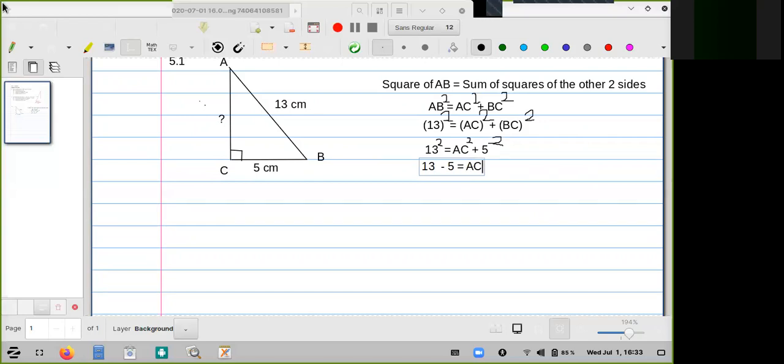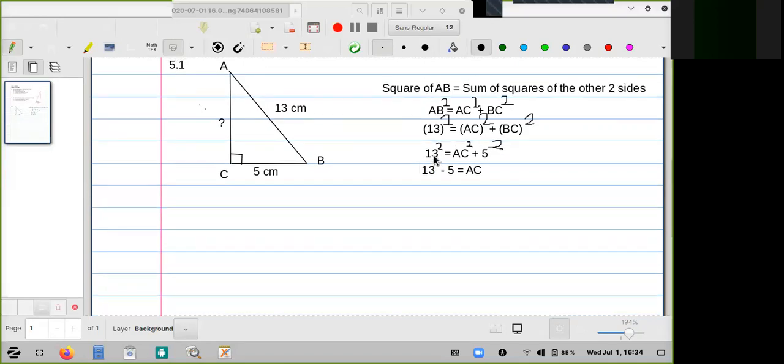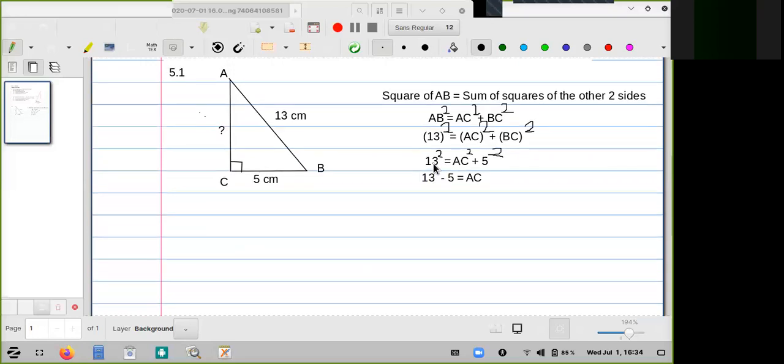Then I'm going to enter the squares. Five squared, AC squared.